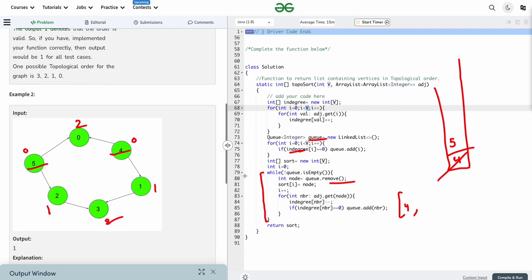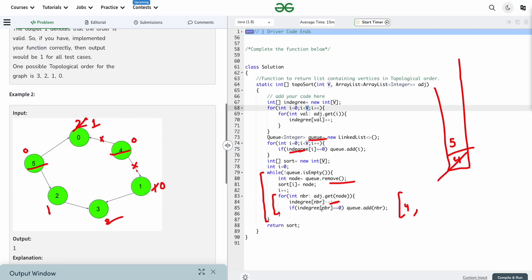Fine. So once I removed 4, I asked what all neighbors 4 has. So 4 has this neighbor and this neighbor. So now I'm saying remove both these dependencies, and when we say remove these dependencies, we mean decrease the in degree. So the in degree for this will become 1 and the in degree for this will become 0.